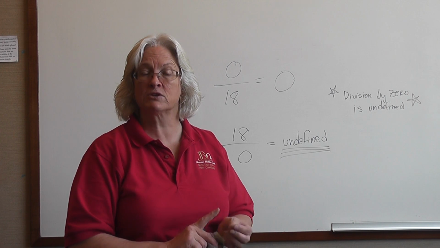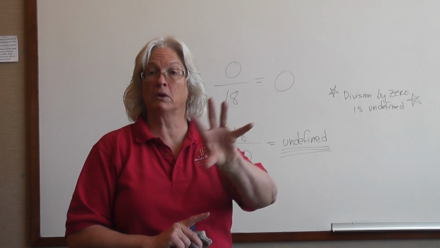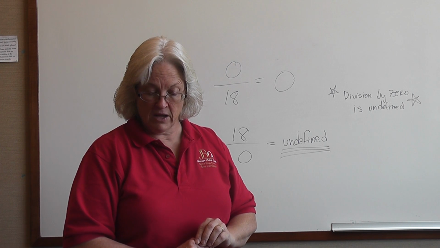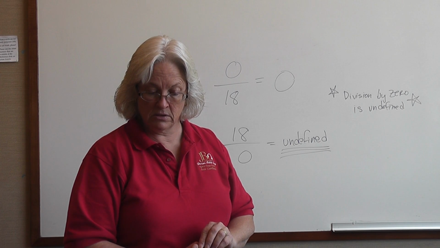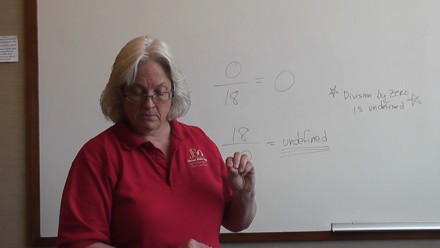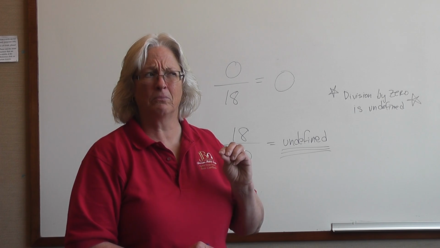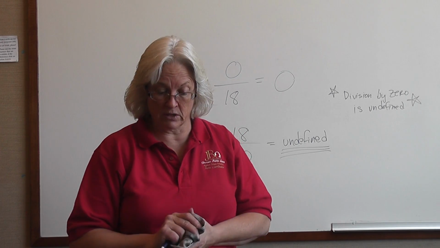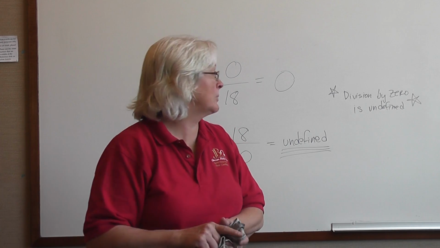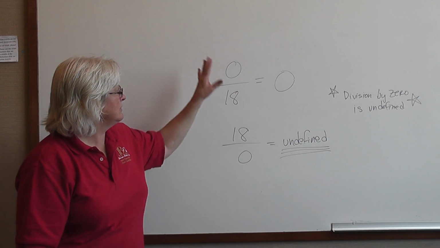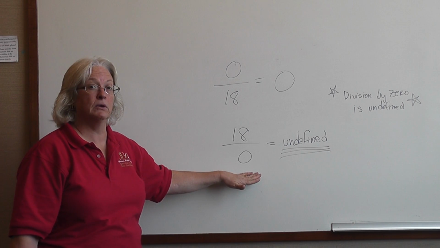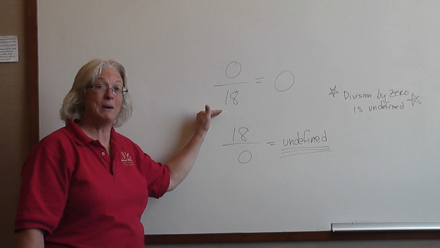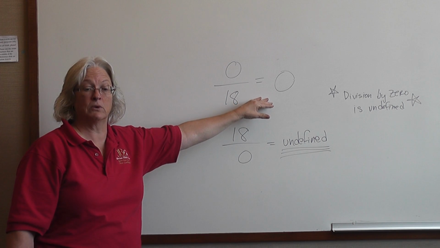You have inverse operations, which tell us that a number plus its opposite is always equal to 0. Anytime that you multiply anything by 0, you're always going to get 0. And you have the distributive property. You also learn that division by 0 is undefined, but 0 divided by any number is always equal to 0.